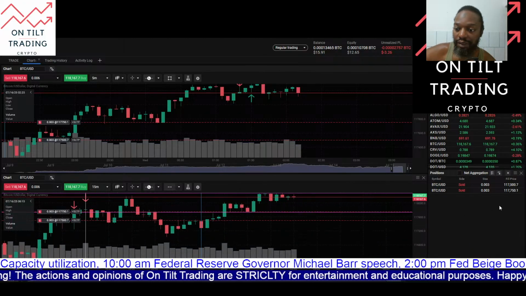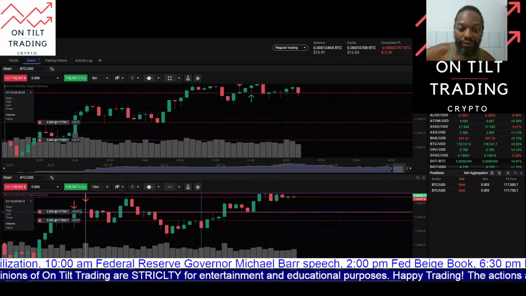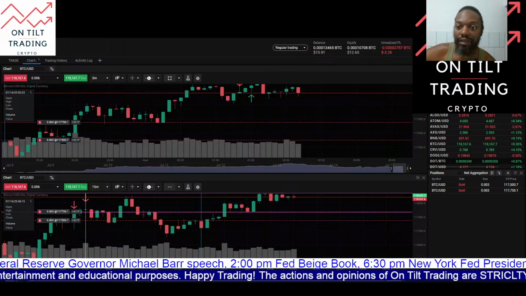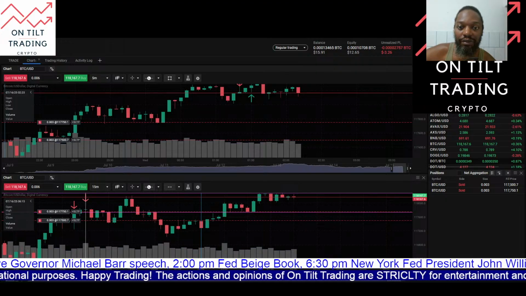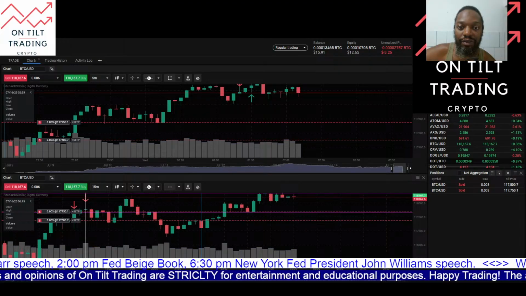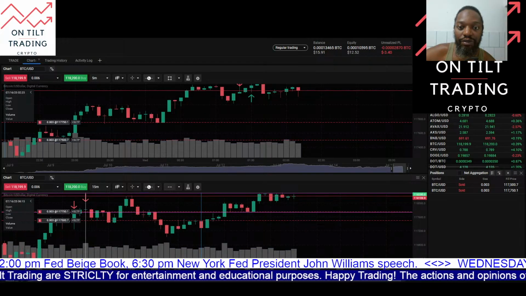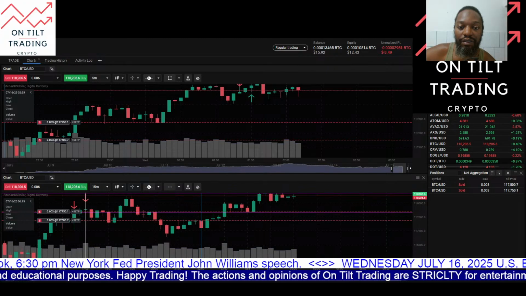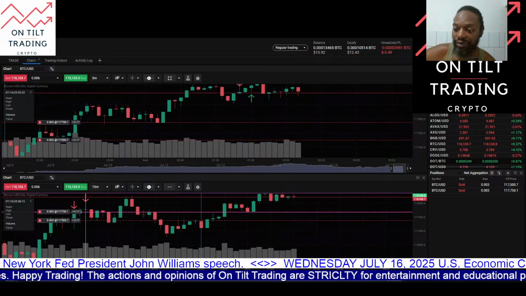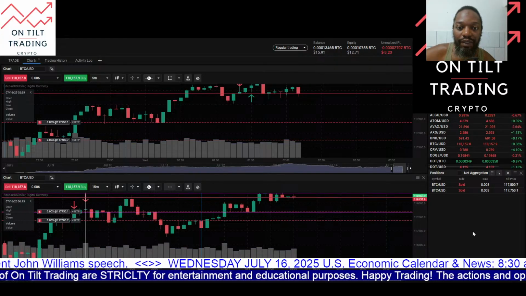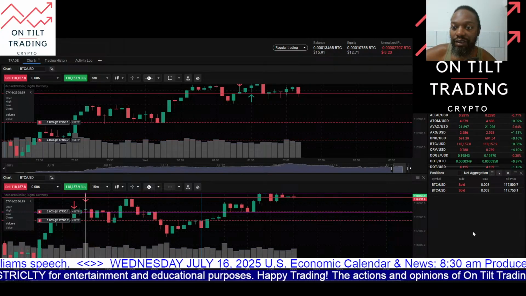Setting up potentially here on the 15-minute is a swing high. And if selling can continue and we get a close below one of these two candles, then there's a potential for a fair value gap in this area, and then I'd look for an entry at this potential order block candle here. Price trading at the 118,150 level.